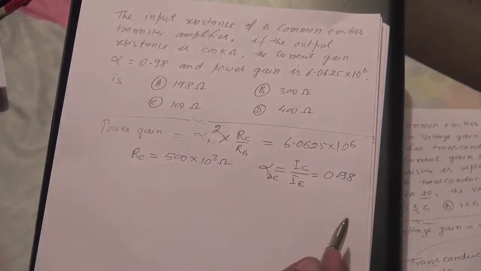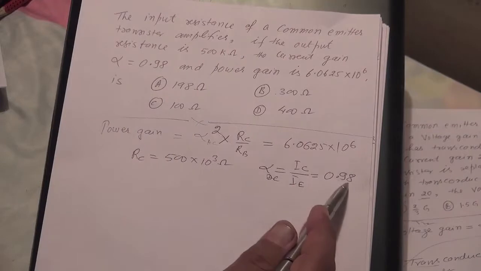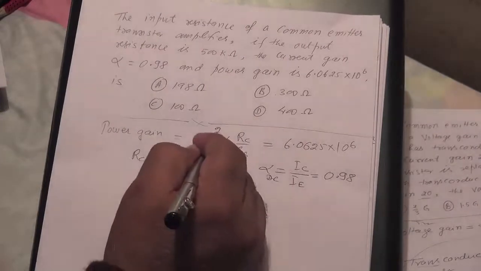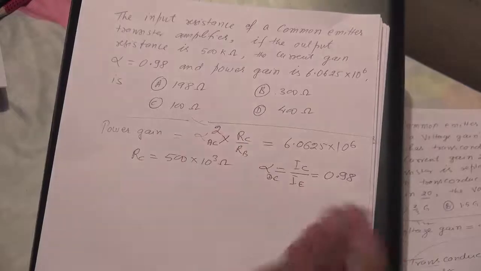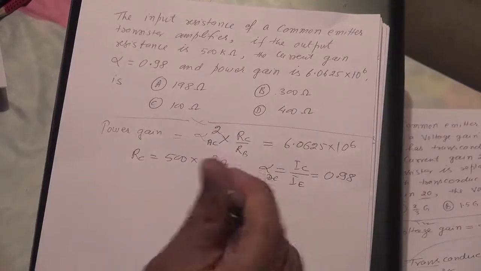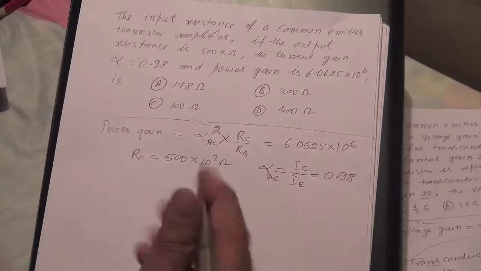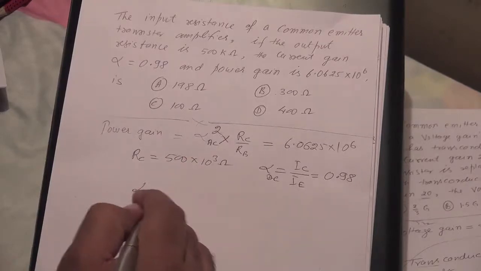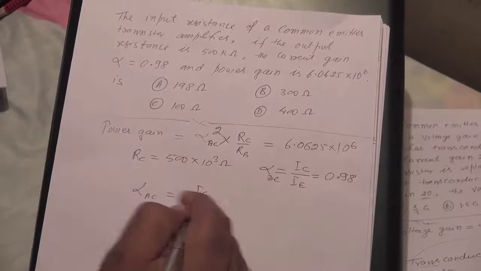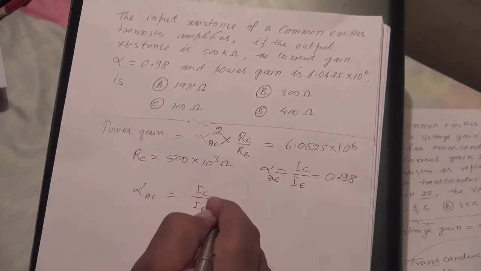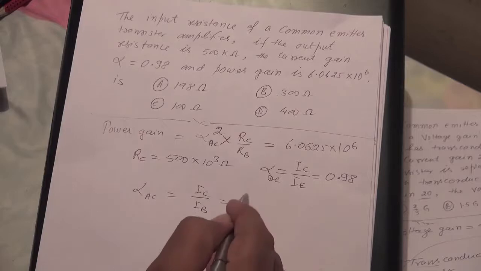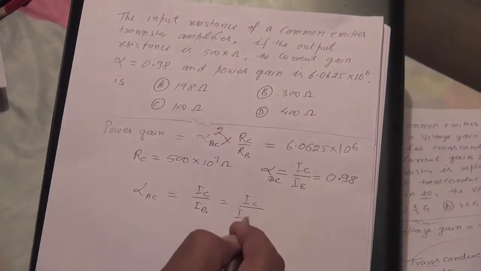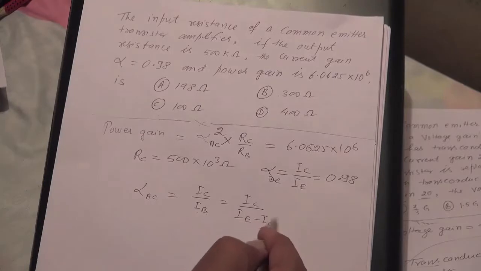Okay. Now, if this is 0.98, then what will be alpha AC? Now we are going to solve it. How much will be alpha AC? That means, what is alpha AC? Alpha AC is IC divided by IB. This is IC divided by, what is IB? IE minus IC.